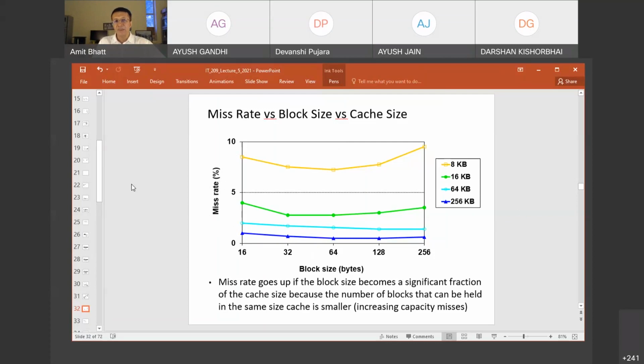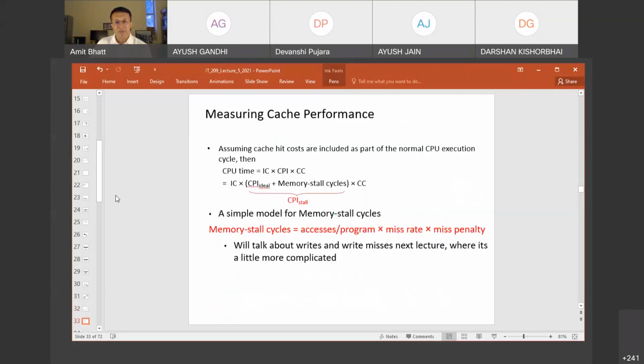And not getting good enough access time means it will slow down the whole processor. Because if one particular stage, say the memory access stage, is slow, it will slow down the whole processor. So that is not something that you desire.